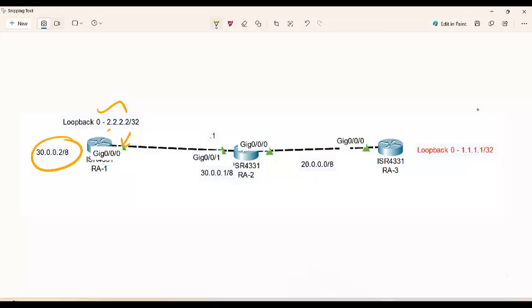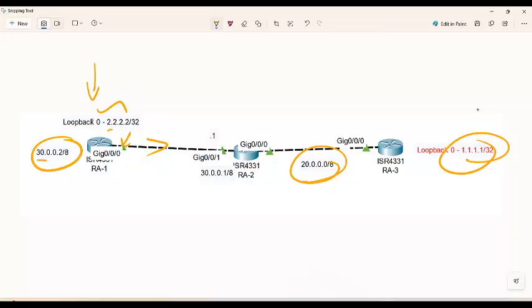These two networks and the 30 network, it knows already. The unknown networks are 20 and this 111. All these unknown networks are only in this direction. That's why I call it a stub router.